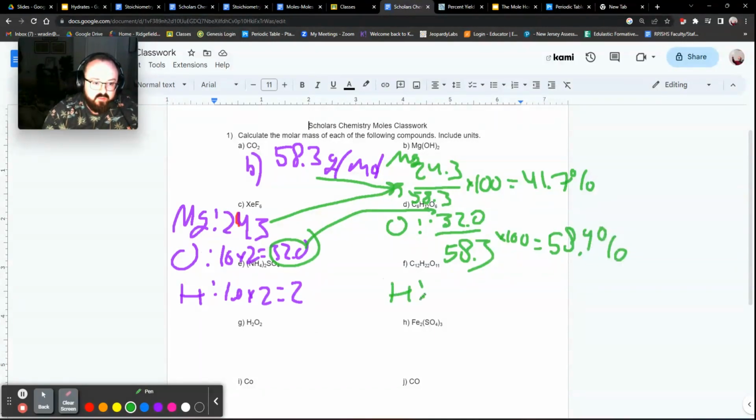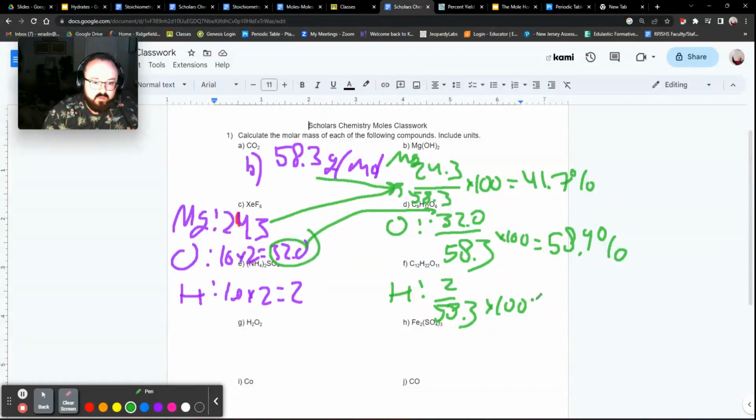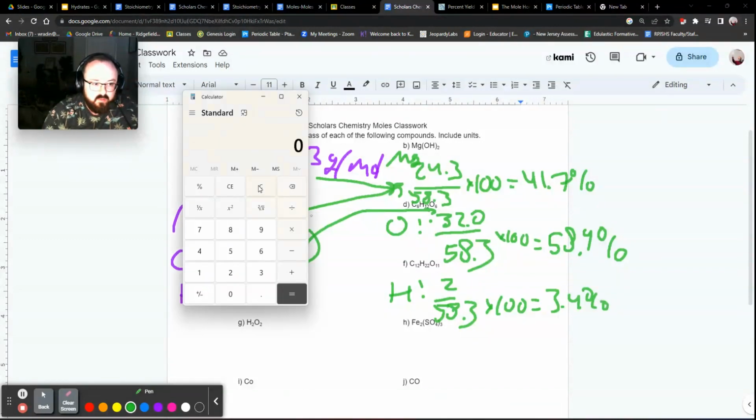And we're going to finalize with hydrogen. Take 2 divided by 58.3 times 100. And we get 3.4%.